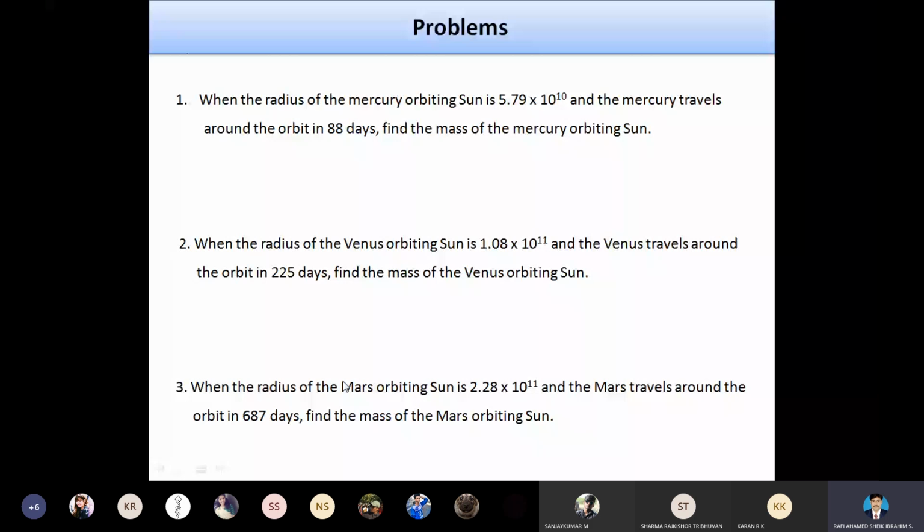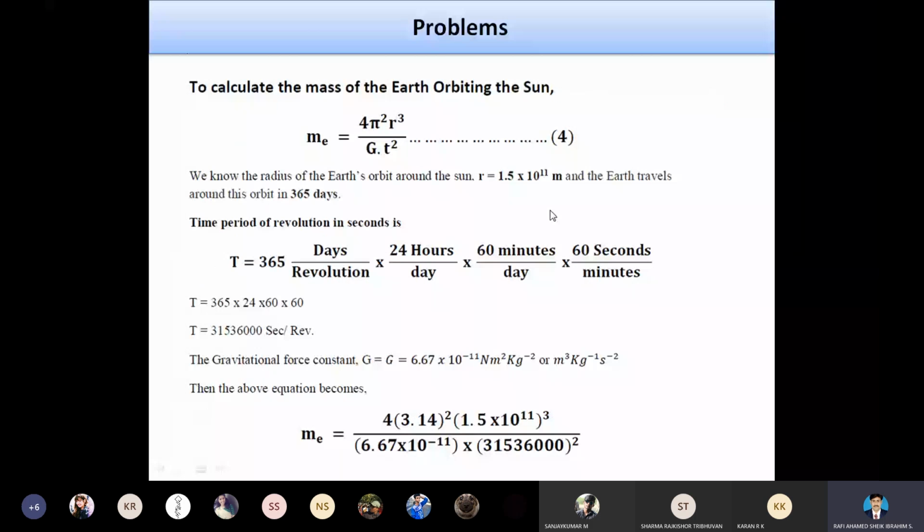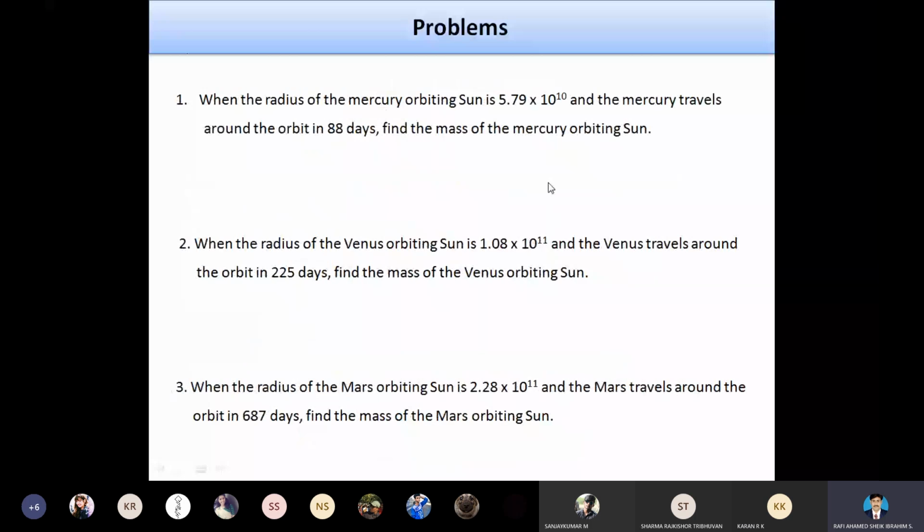The Earth orbiting the Sun takes 365 days, but for the Mercury, it orbits differently. For Earth, the radius is 1.5 into 10 power 11 meter. For Mercury, the radius is 5.79 into 10 power 10 meter.